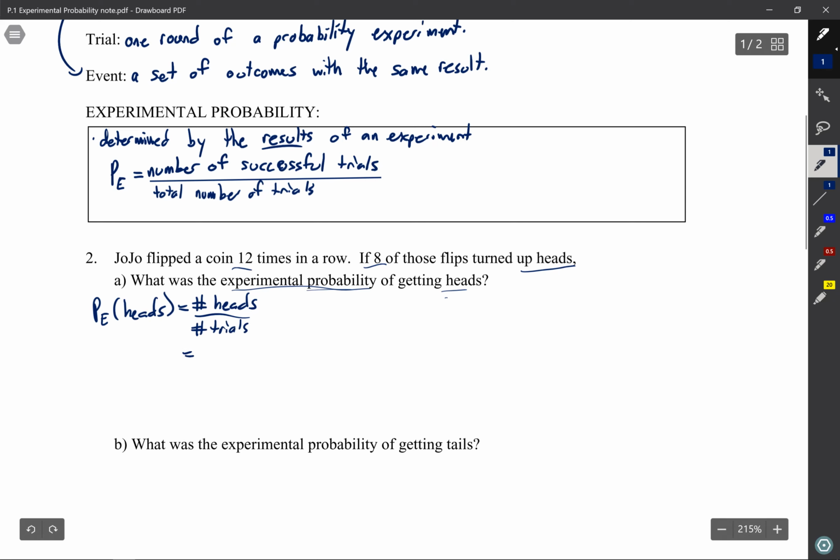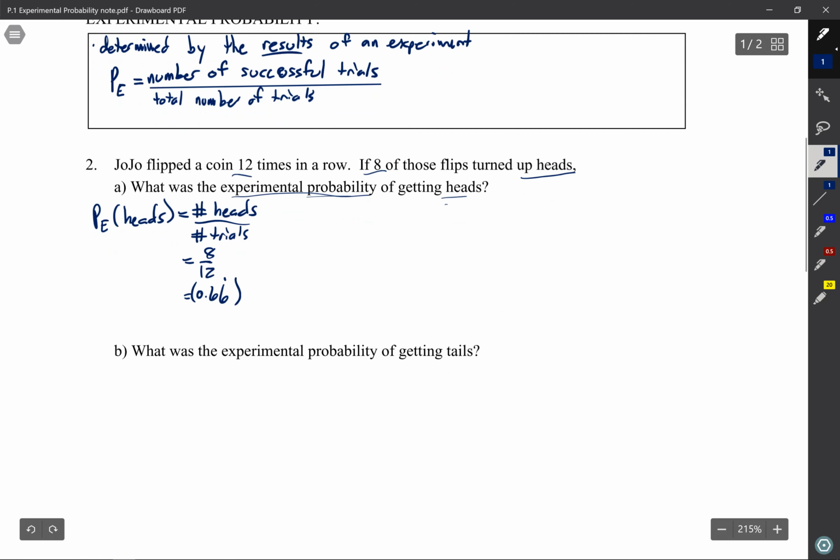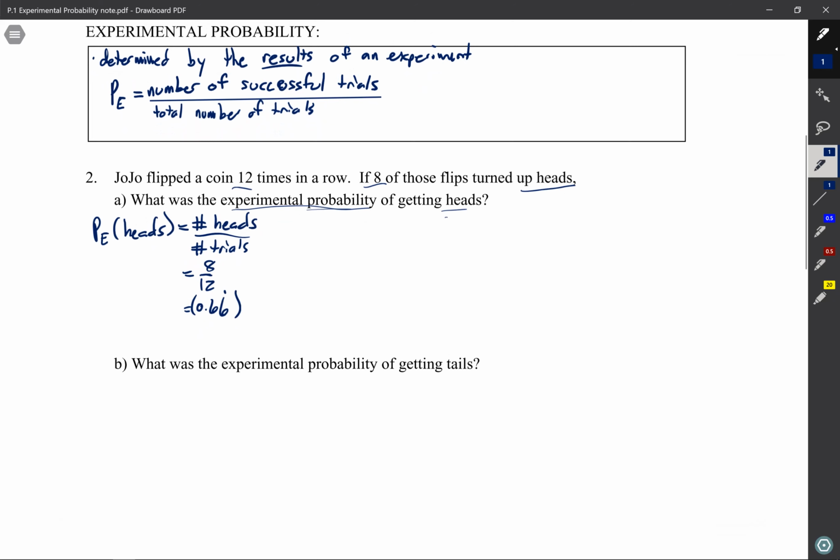So the number of heads is 8, the number of trials is 12. If I put that into my calculator, I get 0.66 repeated. If, as above, I want to show that as a percentage, then I can multiply that by 100%, which is 67%.